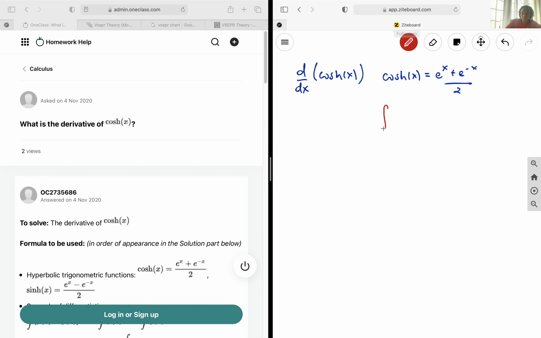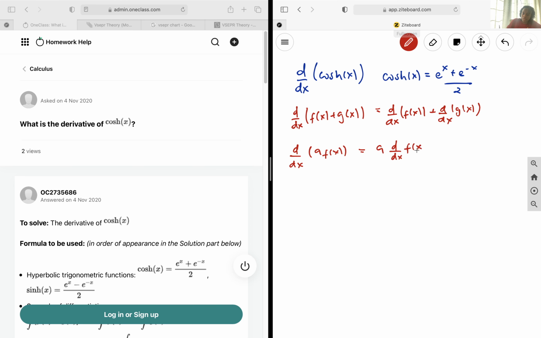We're going to be using the additive property of derivatives. So d over dx of f of x plus g of x is going to be d over dx f of x plus d over dx g of x. Additionally, we will be using the constant property, which is d over dx of a times f of x is equal to a multiplied by the derivative of f of x. So let's go ahead and use that in this question.